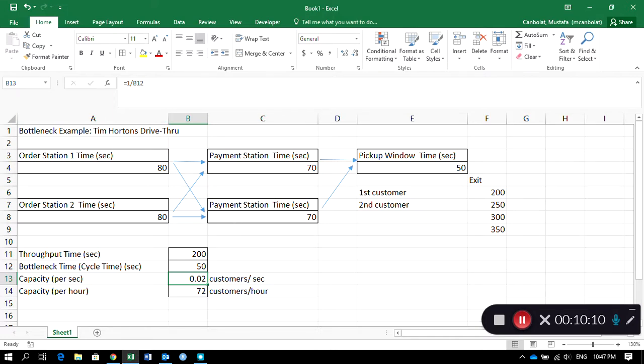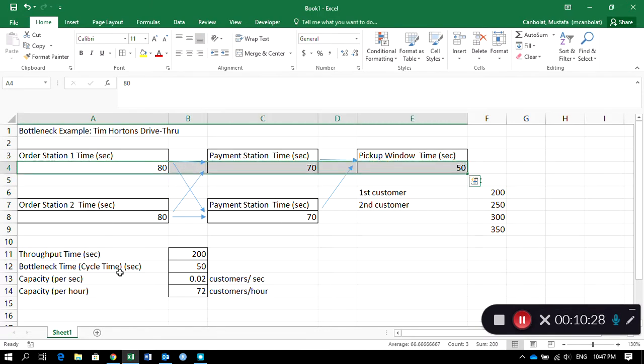I hope that you understand the idea behind the bottlenecks and parallel stations. The throughput time doesn't change when you are adding parallel stations, because the products or the customers do not visit every parallel station, they only visit one of them. So in order to calculate the throughput time, you always look at the longest path.